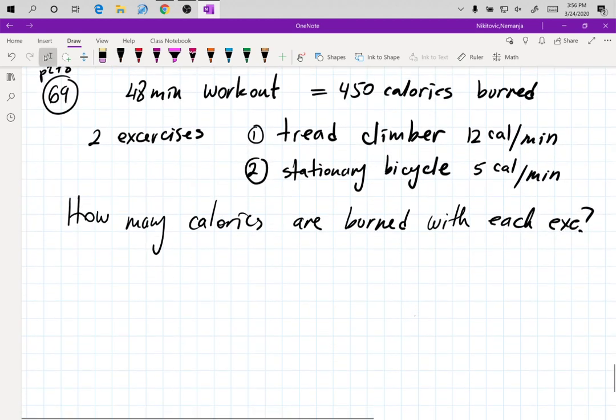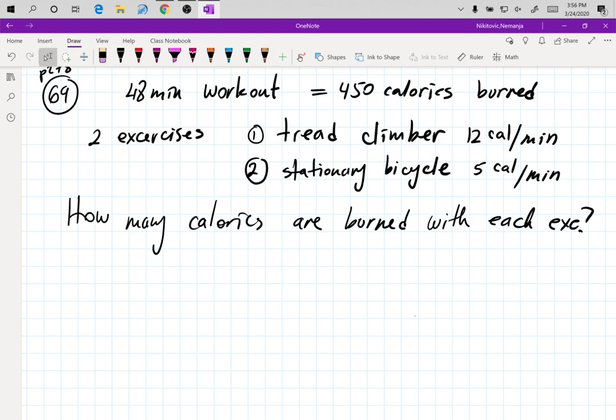We are going to set up a chart just like we did in the class at one point. I remember I talked about the charts. So we are going to set up a chart that will have calories and time and exercises.